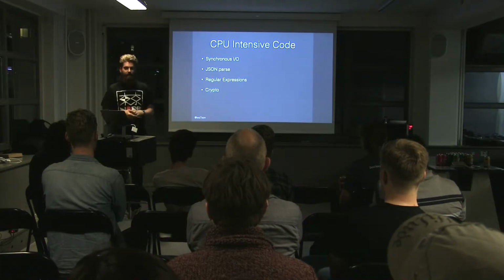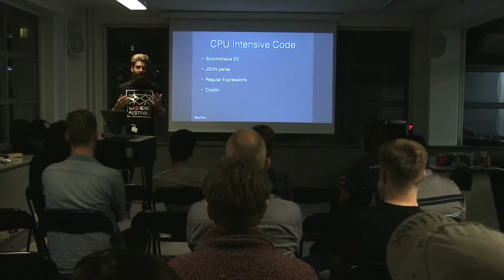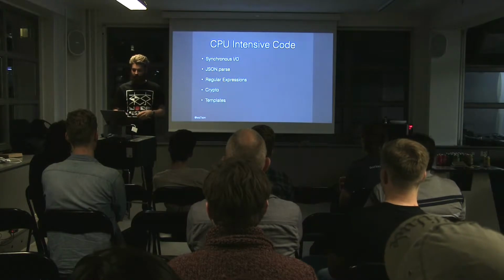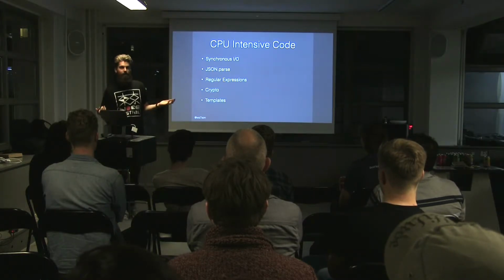Crypto is something that runs on the CPU. That's a lot of math that can be really heavy. If you have HTML templates that are generating HTML, and you're running in test or development, and you have this list of products or search results on your search page, and there's like 10 results, it renders really, really fast, like 10 milliseconds.